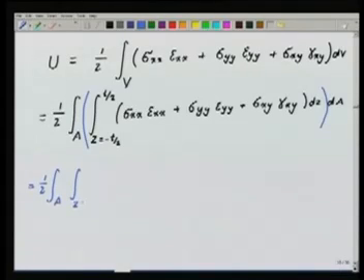of, now we will have E by 1 minus nu squared into sigma xx Exx.